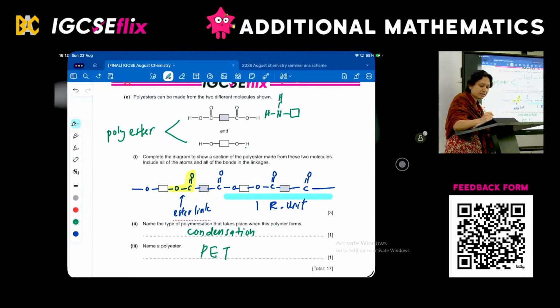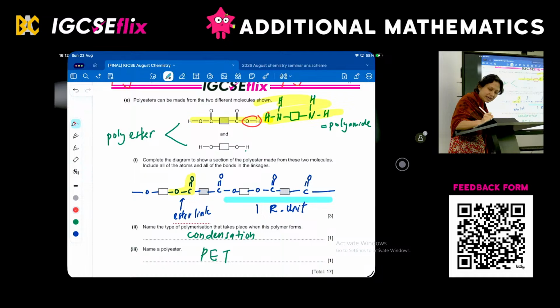Amine. Okay. If this one plus this one together, then it is polyamide. What happens is the same thing.